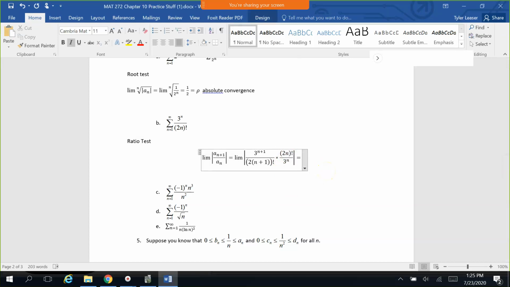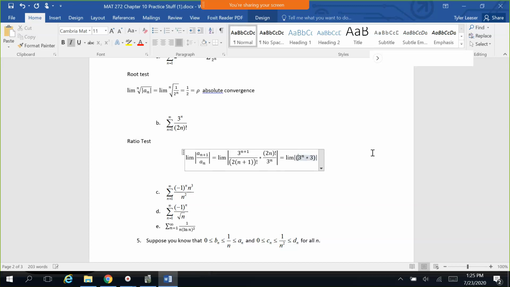All right, and now we need to simplify this down. So we're going to use these tricks that I've shown you guys quite a bit at this point with the exponents and with the factorials. So first off, we have the 3 to the n plus 1, and I want to rewrite that as 3 to the n times 3 to the 1.